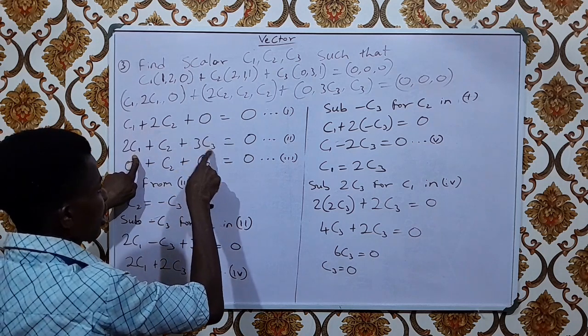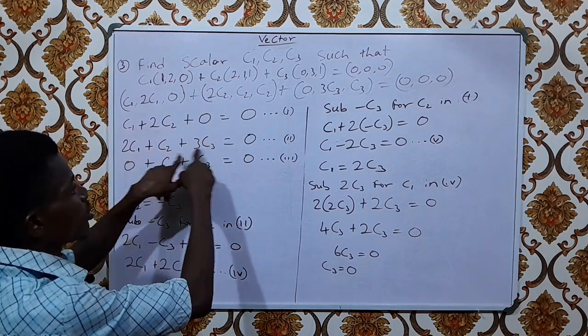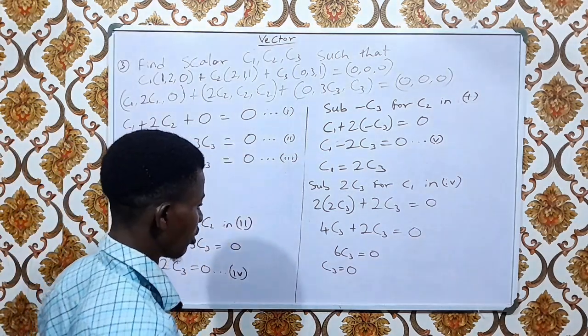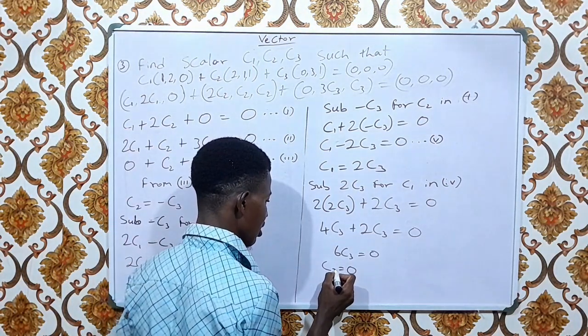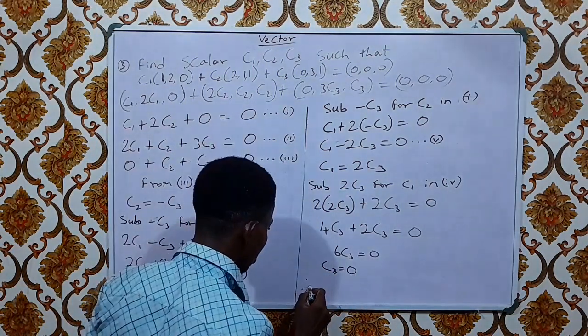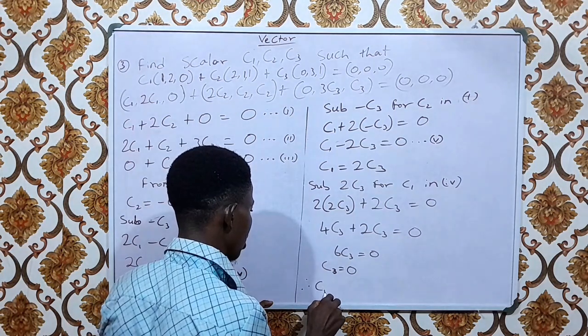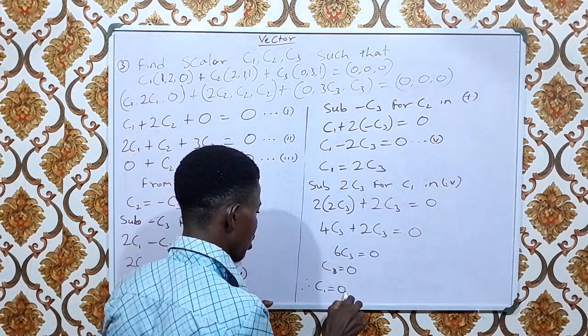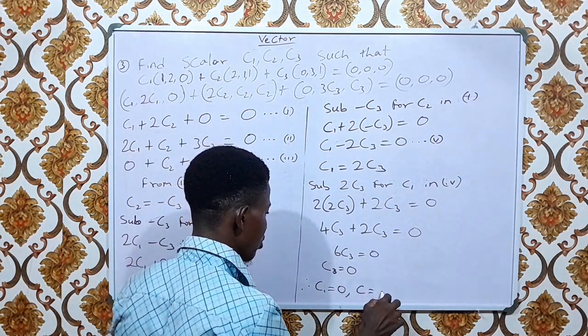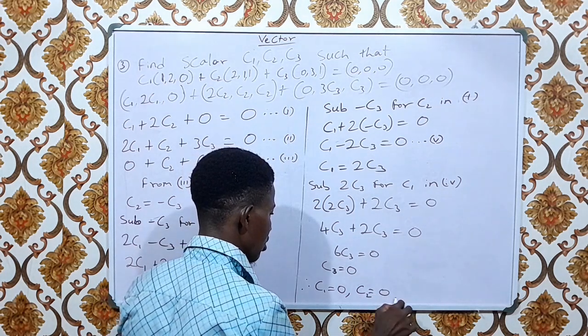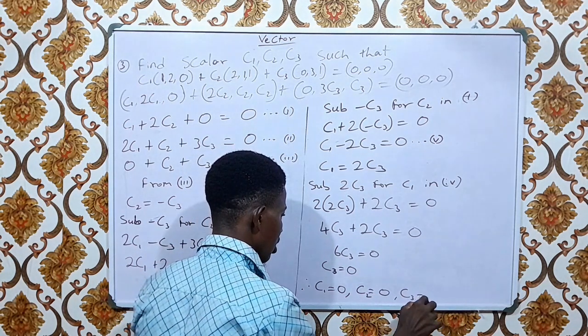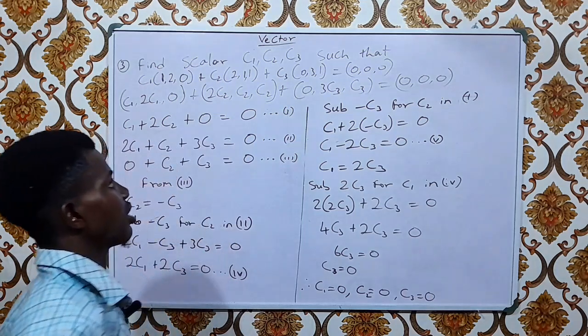We put 0 here, 3 times 0 is 0. C2 is also 0. So since our C3 is 0, we conclude that C1 is equal to 0, C2 is equal to 0, C3 is equal to 0.